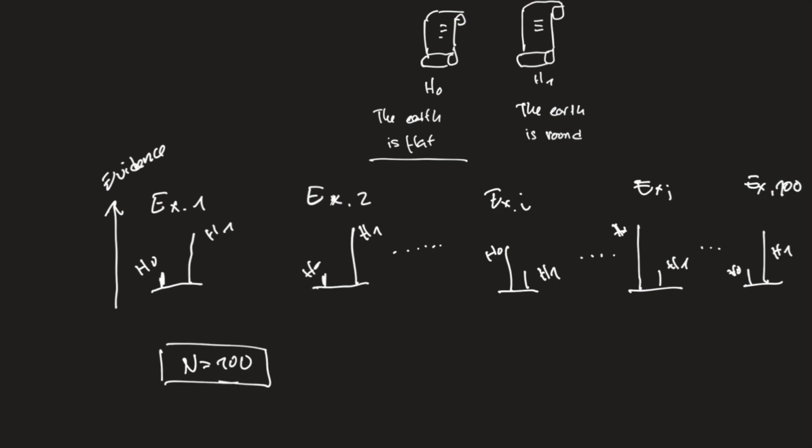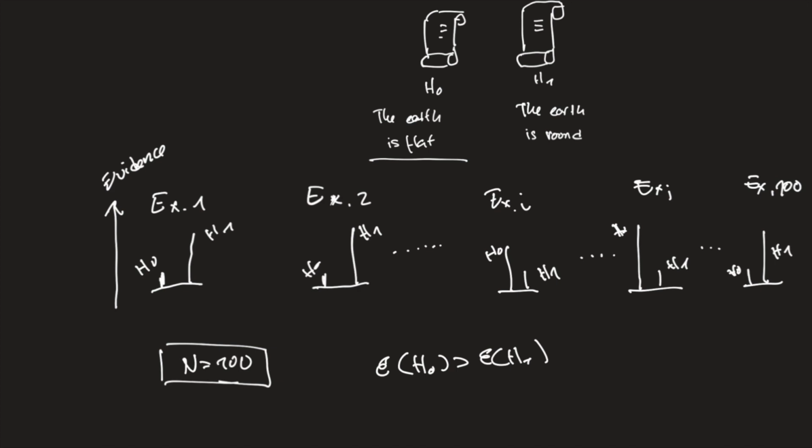So how many experiments did we have where the evidence of H0 is bigger than the evidence of H1, where the data implies that H0 is true, and therefore we have more evidence of H0 being true?